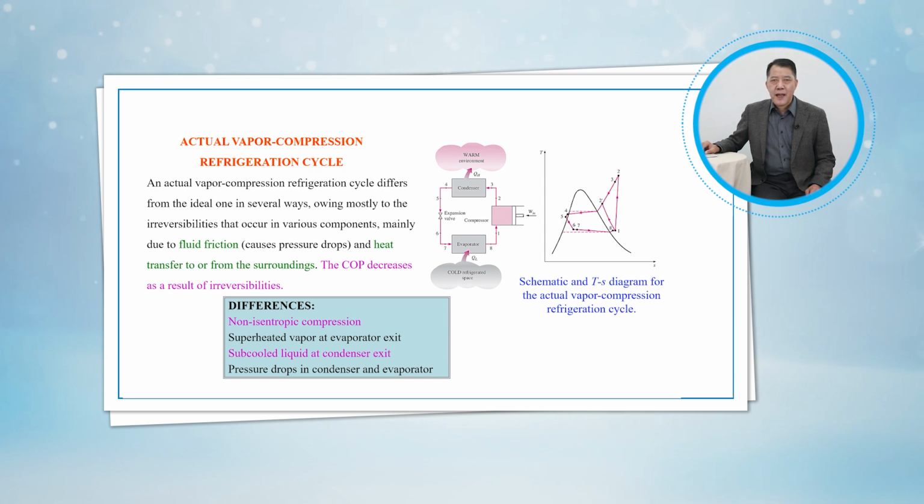The vapor at the evaporator exit is not saturated vapor but superheated vapor. The liquid at the condenser exit is not saturated liquid but subcooled liquid. There are pressure drops in both the condenser and the evaporator.